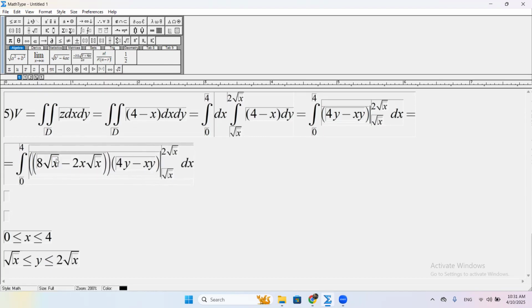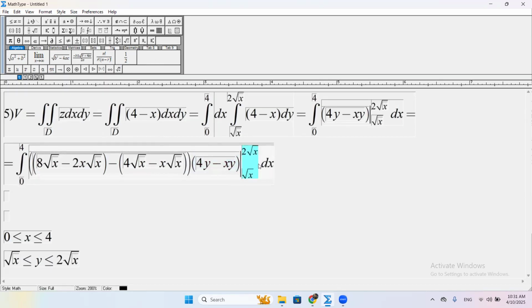Oh yeah, square root of x must be here. And minus 4 square roots of x and minus x square root of x.